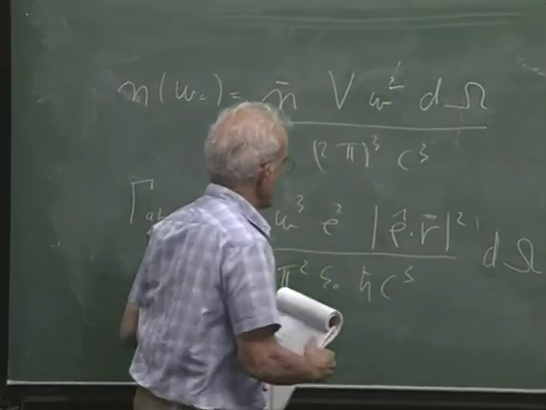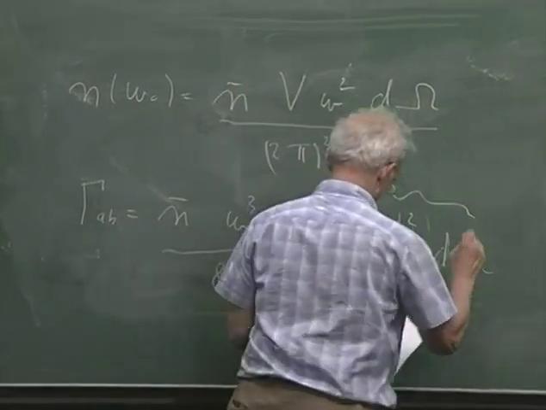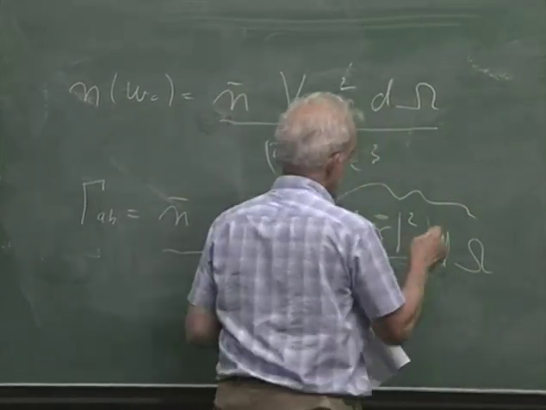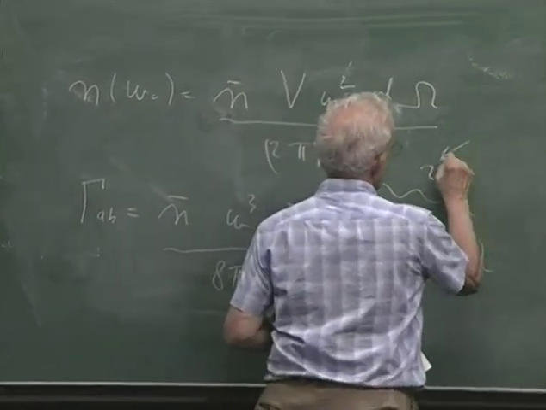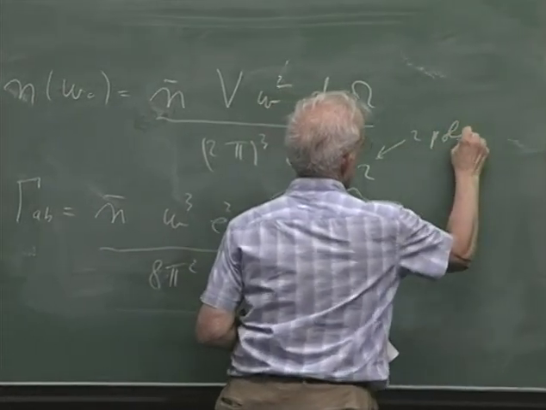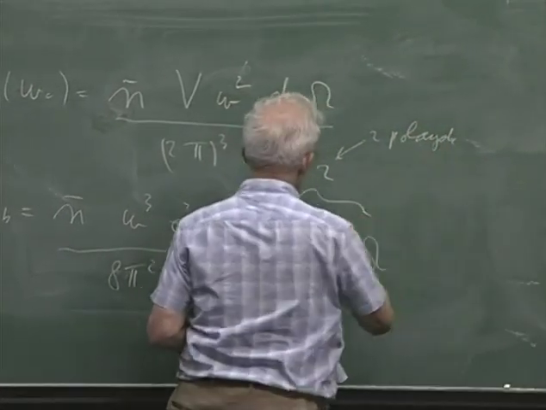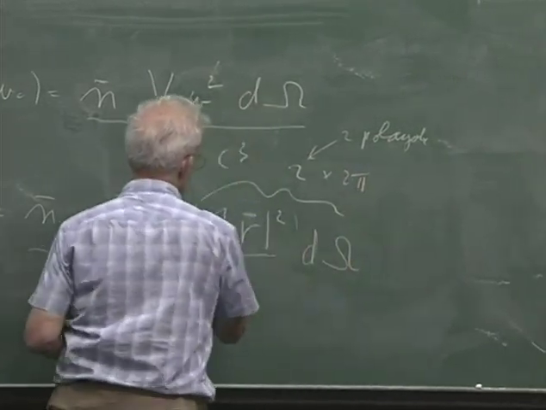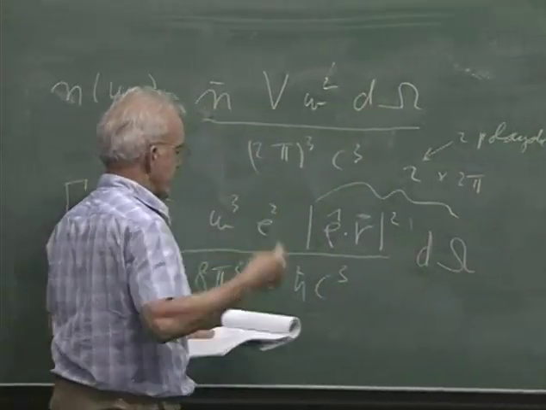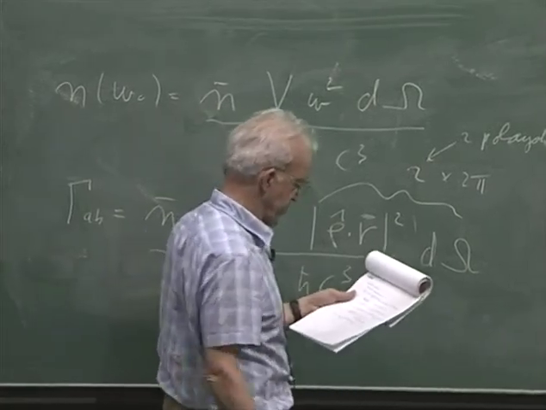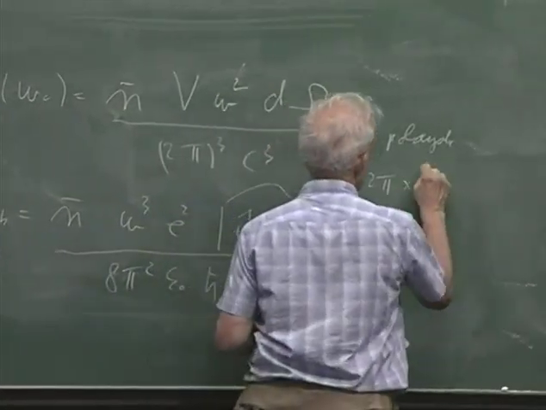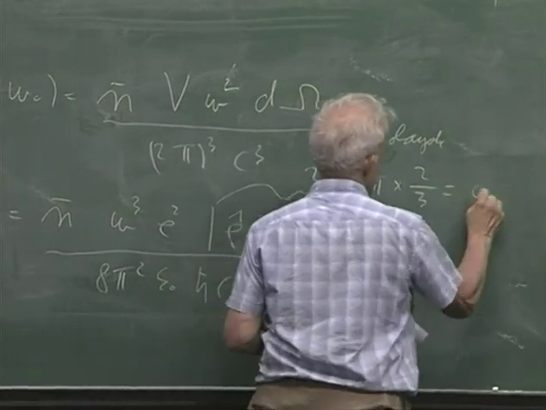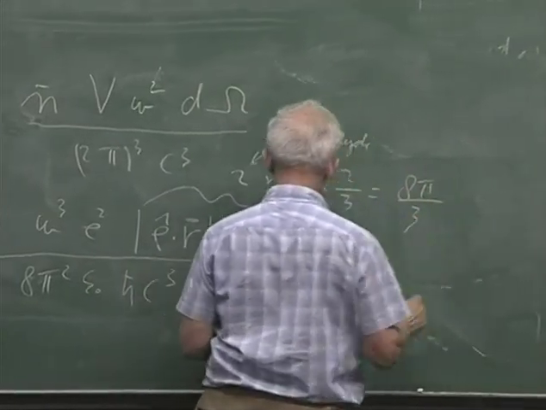Okay? When you do this integral over here, you get 2 for the two polarizations. And then when you do the angular integral, you get 2 pi. And when you integrate this over direction, it's a cosine over the direction, it gives you 2/3 times 2/3. So this is just equal to 8 pi over 3.